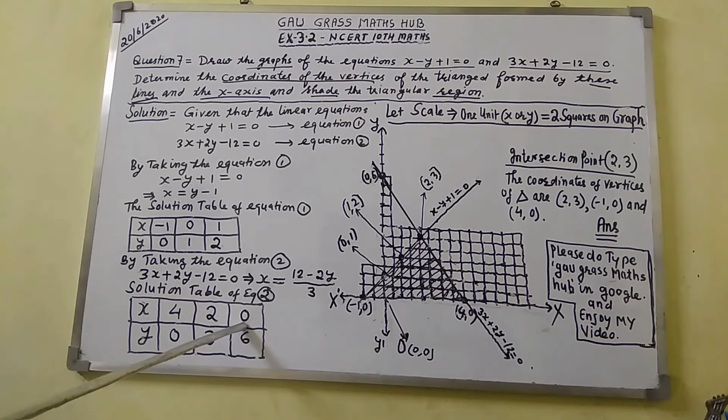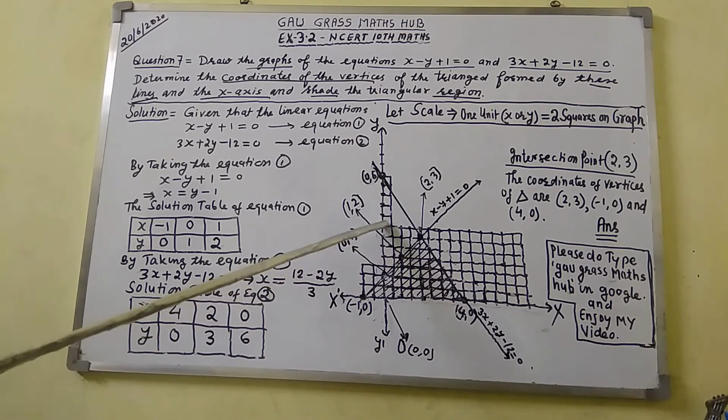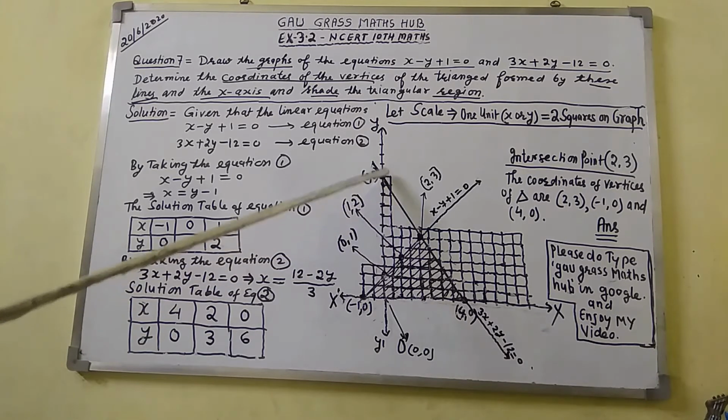You can see x is 0 here, and y equal to 6 units is there. This means that you will take 6 twos are 12 squares on the y-axis. Just count here: 1, 2, 3, 4, 5, 6, 7, 8, 9, 10, 11, 12. The coordinates of this point will be 0, 6.